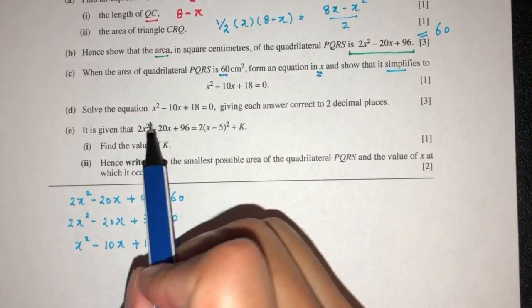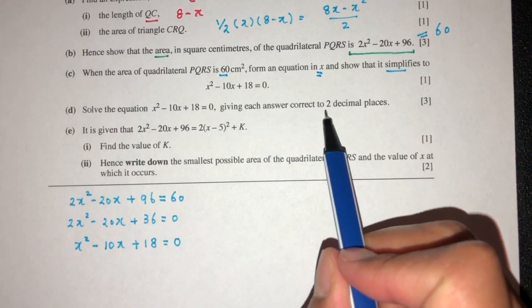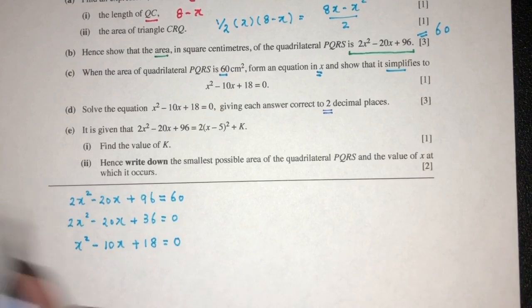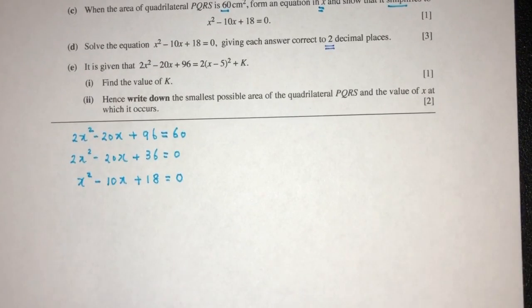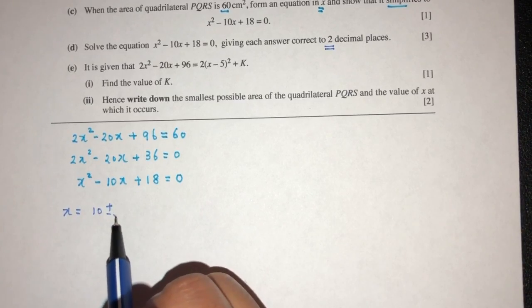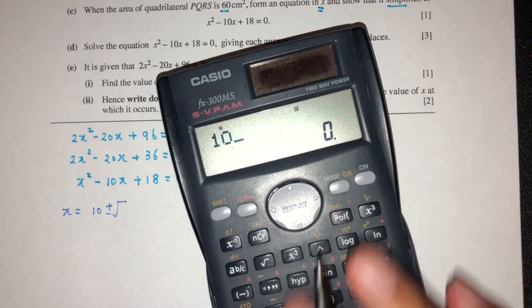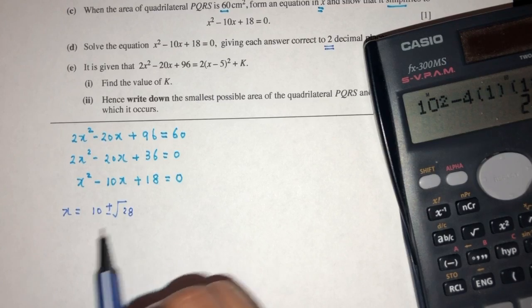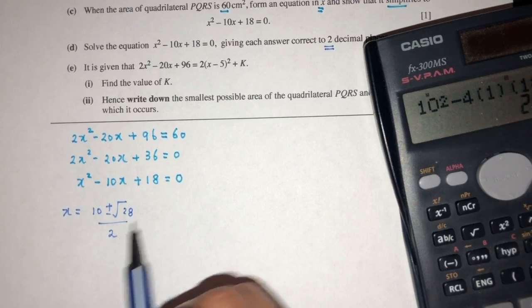So now we have to solve the equation, giving your answer to 2 decimal places. Because we know the answer will not be exact, you have to use the formula to solve this. X will be what? X will be minus b, that should be 10, plus minus root of b squared, 10 squared, minus 4 times a times c. That will be 28, divided by 2a, that should be 2.